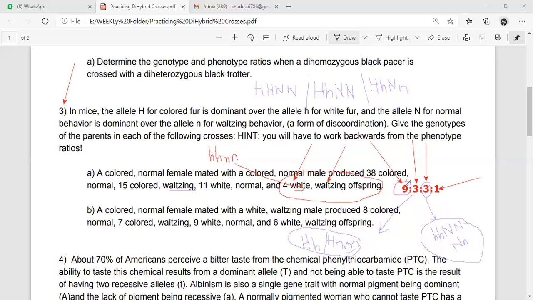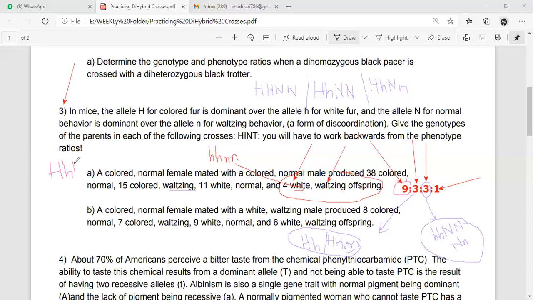The important thing is, in the offspring we are getting all 4 possible combinations. So in order to get all 4 possible combinations, both parents should be heterozygous for their traits.